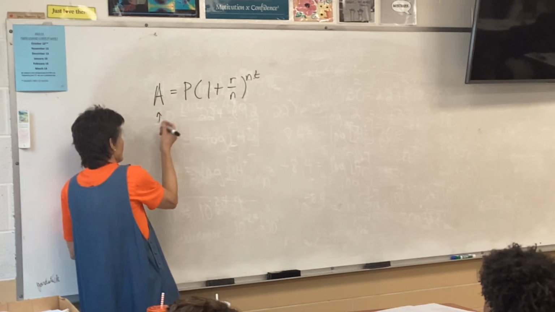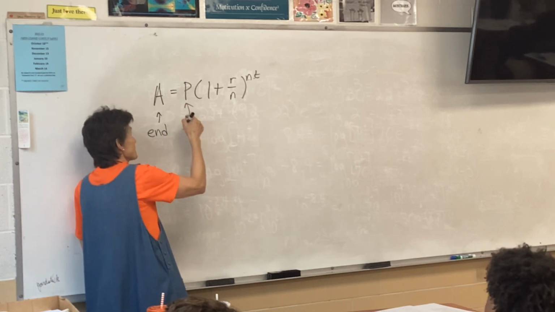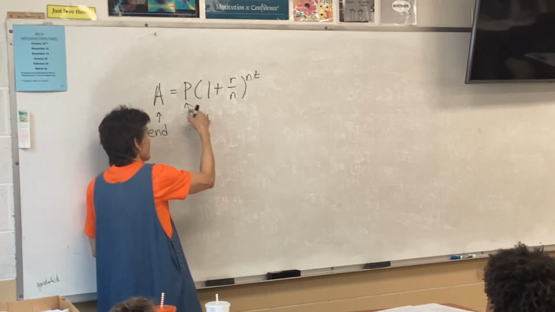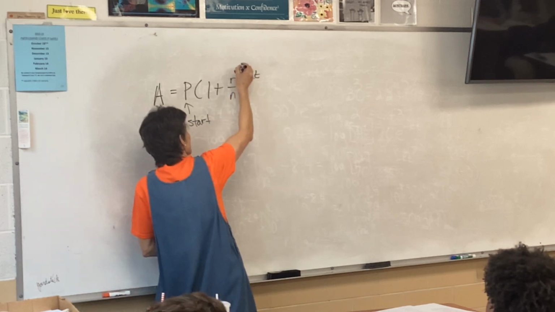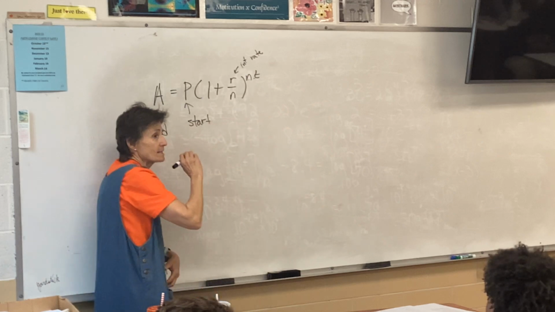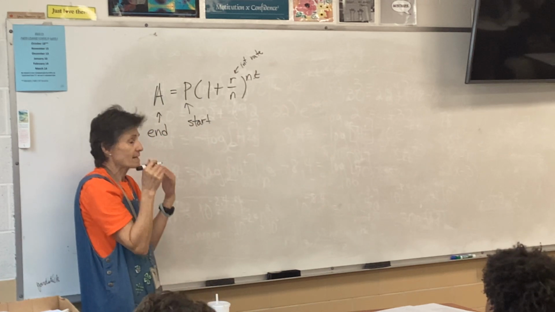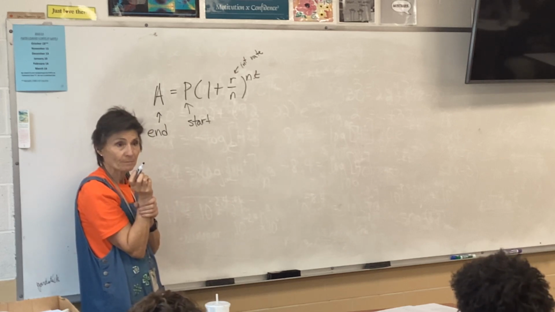So A, you'll recall, stands for the end amount. P is the principal or the beginning amount. That's how much you invest. That's a 1. This is your interest rate, but you must enter it as a decimal. So the problem will always say something like 7%, but you have to put that in as 0.07.